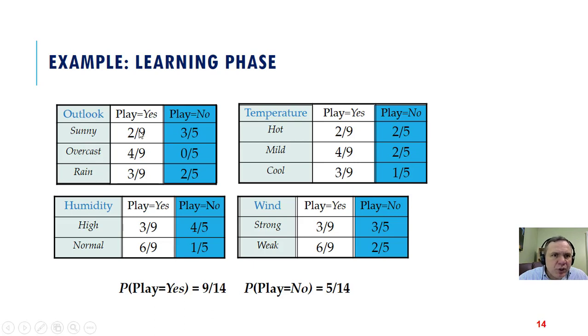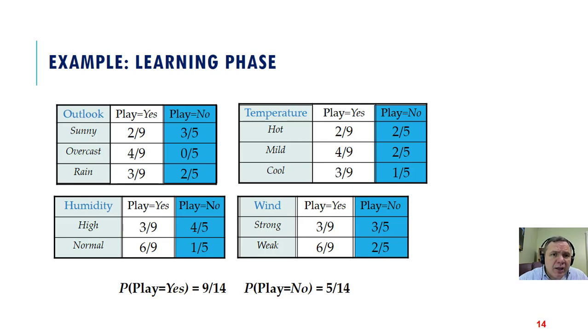Bayesian learning would work the following way. First, we take the first feature, which is outlook. Outlook has 3 possible values: sunny, overcast, and rain. We have 9 cases where people do play tennis, and 5 cases where people don't play tennis.